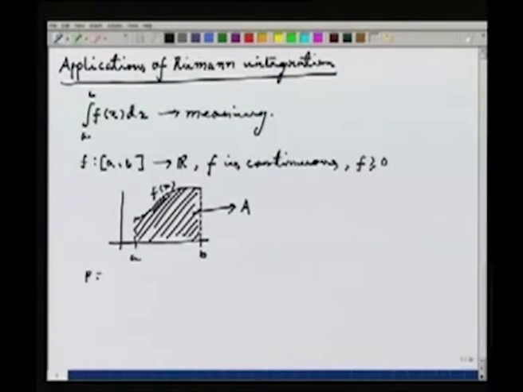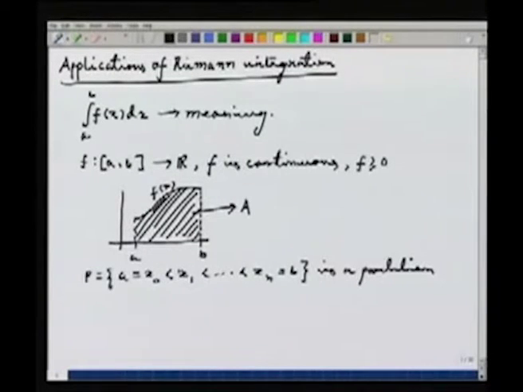So then if P is a partition, that is, a collection of finitely many points, let us say x_n, that is equal to b. So this is a partition of the closed interval [a, b].